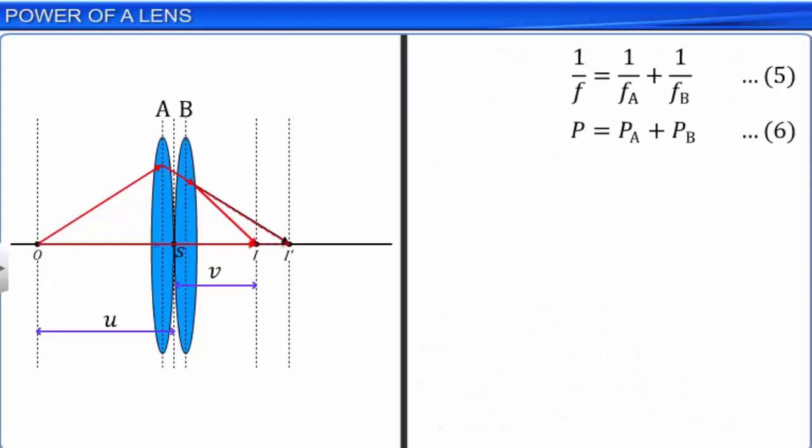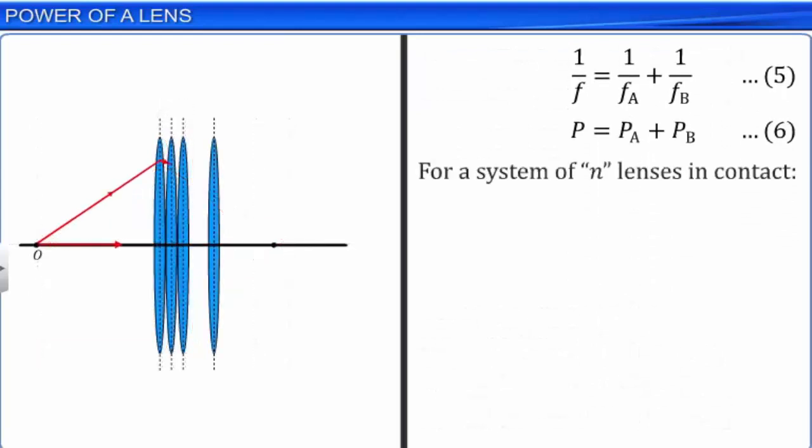In case of a system of lenses, the image formed by one lens is the object for the next lens. Hence, the total magnification of the combination is a product of the magnifications of the individual lenses.